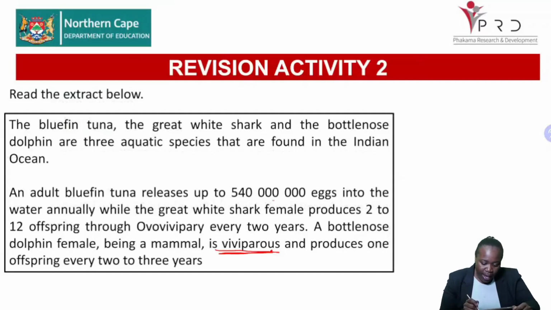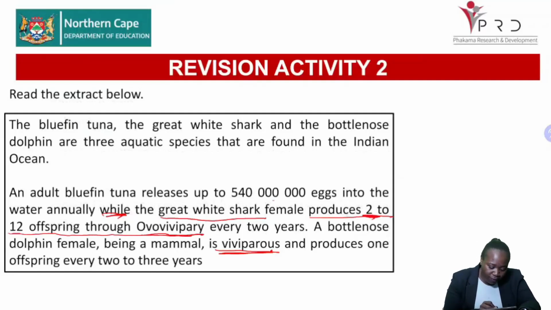We're not looking at that. While the great white shark female produces 2 to 12 offspring through ovovivipary every 2 years, right? So it produces 2 to 12 offspring through ovovivipary every 2 years.